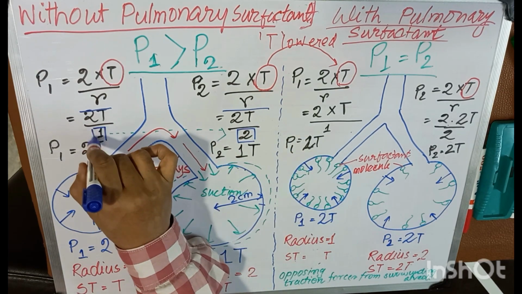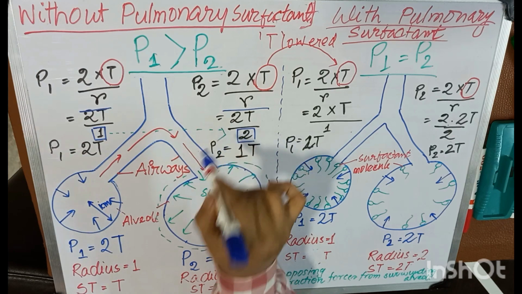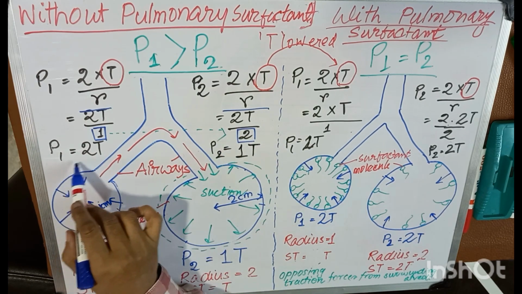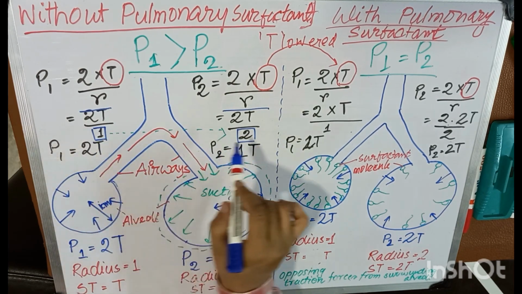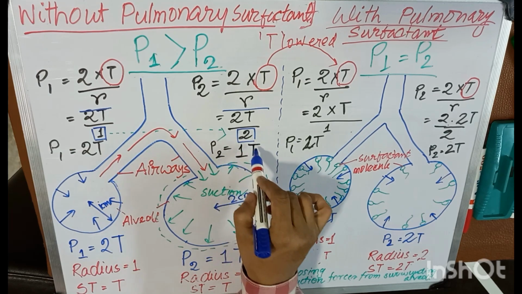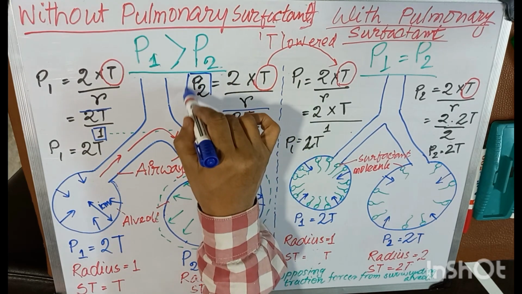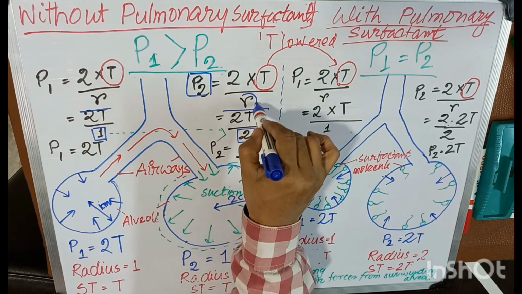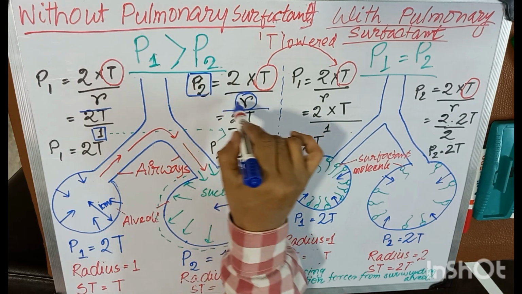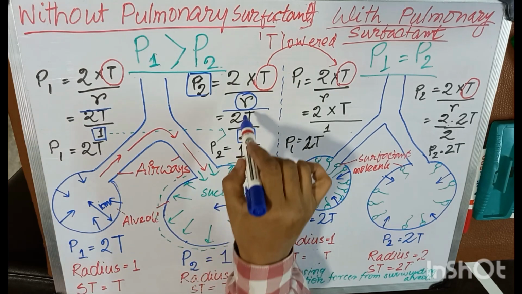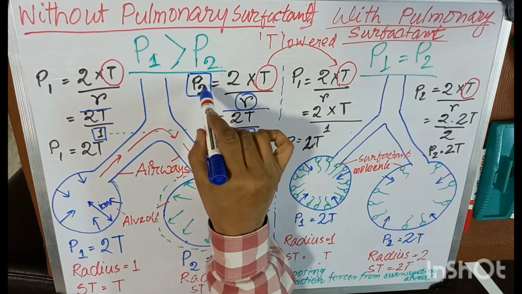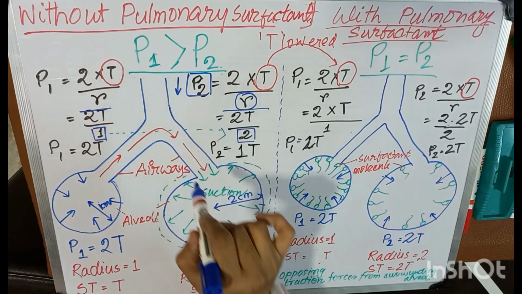What happens? If the radius has increased, the pressure inside the alveoli has lowered, because pressure is inversely proportional to radius. If the radius gets more, the pressure lowers.